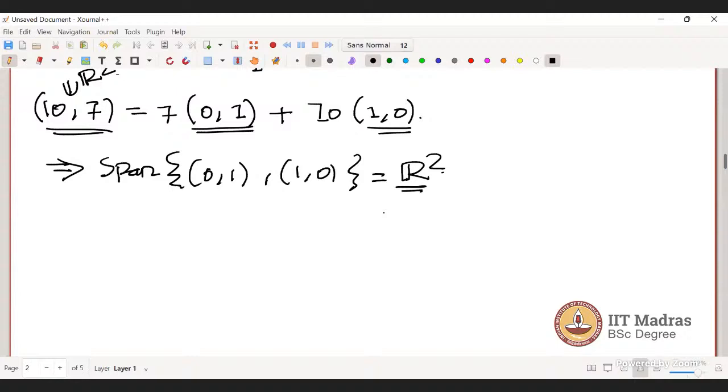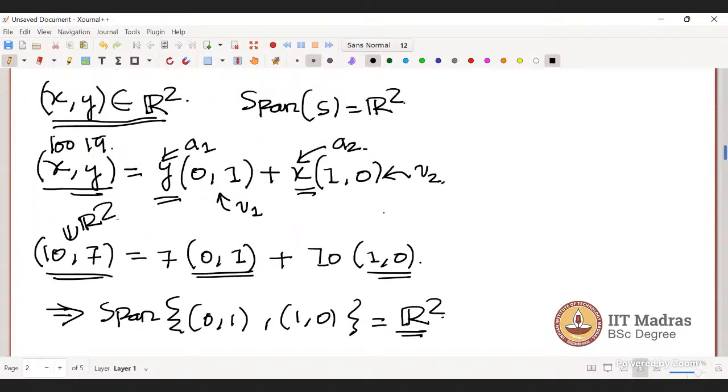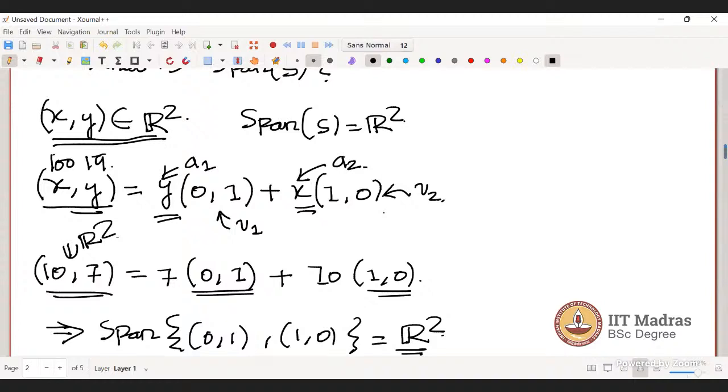Sir, in the same example, when we say (10, 7), actually it is nothing but a span of (0, 1) and (1, 0), the fundamental vectors. So what do we call (10, 7)? This is a linear combination of (0, 1) and (1, 0). Sometimes the question comes that (10, 7) spans (0, 1) and (1, 0), and I get confused.